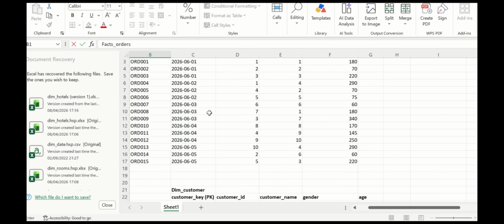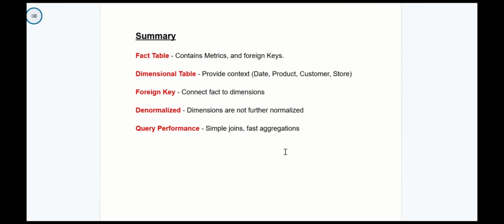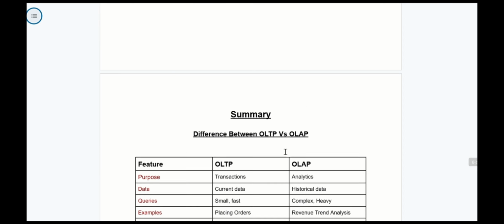So it's very simple. You just join the two tables and you get your output as fast as possible.